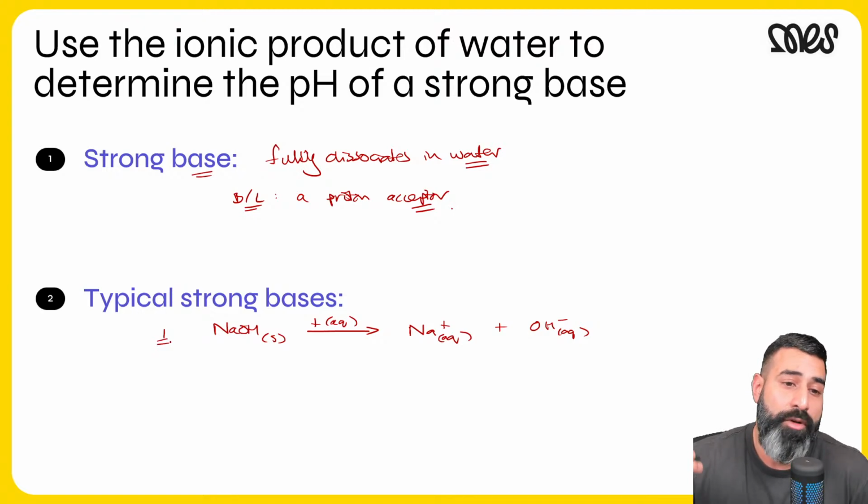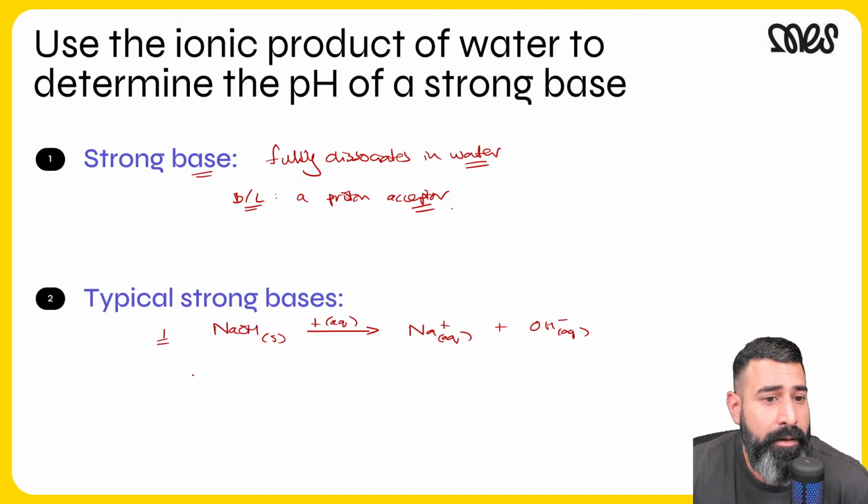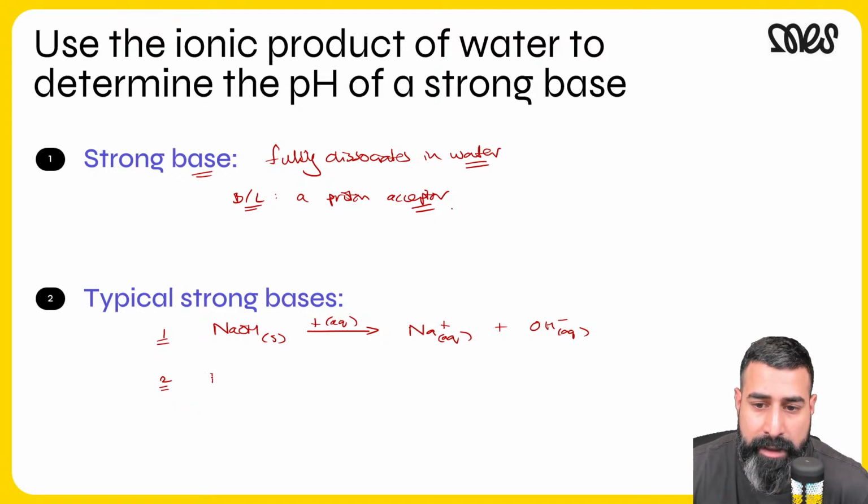Just like we did for strong acids, it's really important in the chemistry scheme of things to write out your dissociations, okay? Now, Amma said group 1 and 2 metals with hydroxide. Yeah, so if you've got a group 2 metal with a hydroxide, let's say magnesium hydroxide, what is the formula of magnesium hydroxide going to be? Is it going to be MgOH?